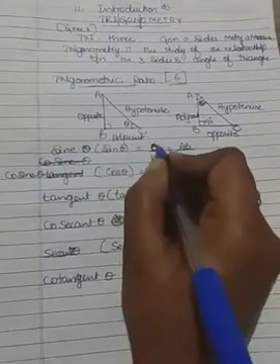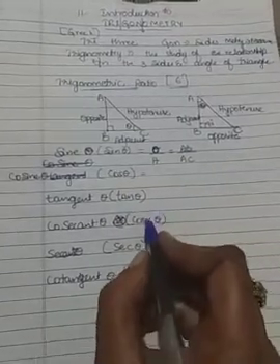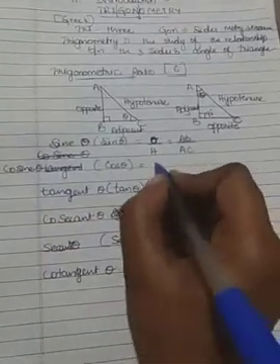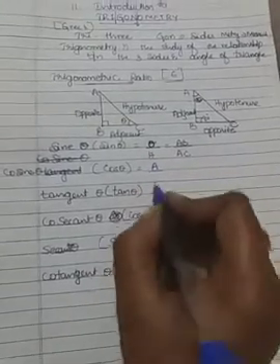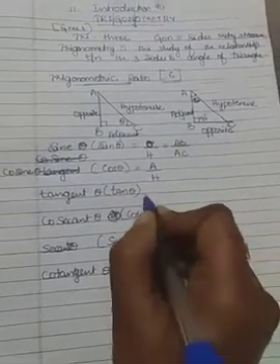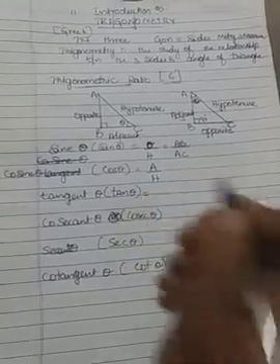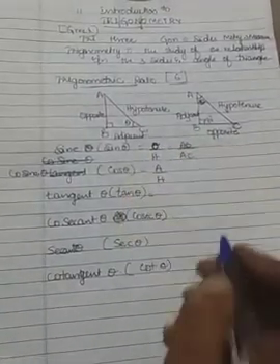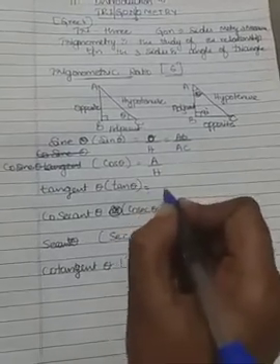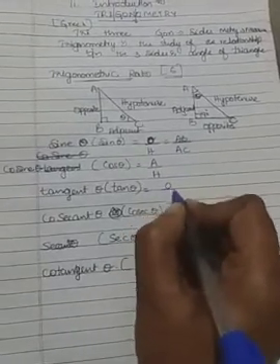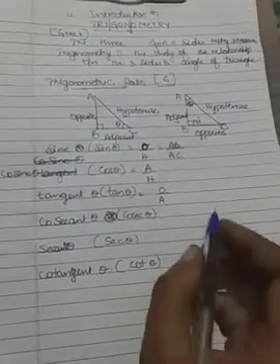The sine theta formula is opposite divided by hypotenuse, and the cos theta formula is adjacent divided by hypotenuse. A means adjacent, H means hypotenuse, O means opposite. Then what is the formula for tangent theta? Tangent theta is opposite divided by adjacent.